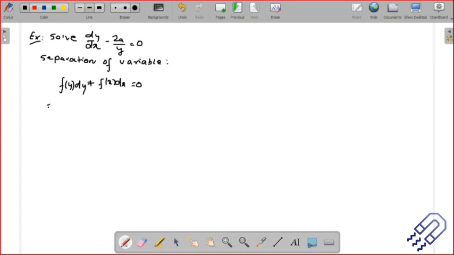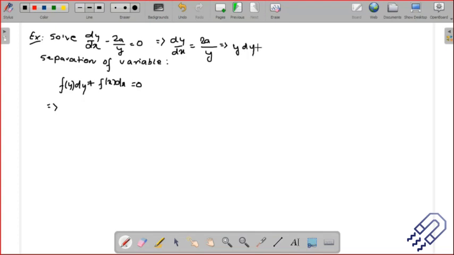So if you look into this expression, it's a function of y and x, so we can try separating out the variables here, right? When I play around with this, dy by dx is equal to 2a divided by y. So I'll separate it out. I'll take the cross multiplication.